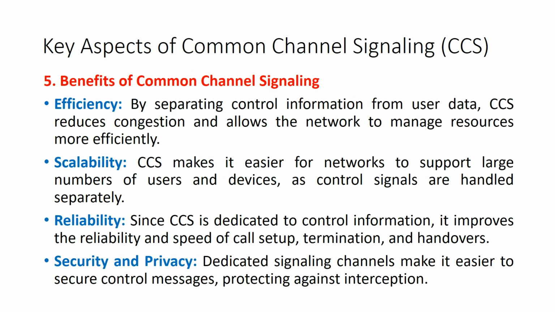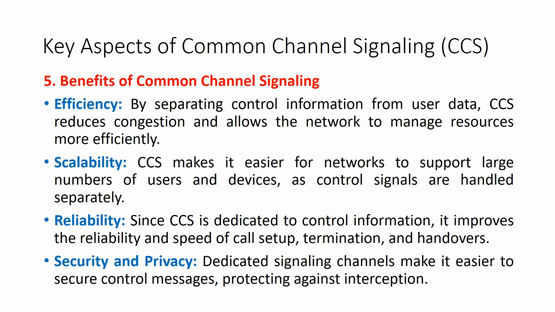The key benefits of common channel signaling are, first, it increases the efficiency. As I mentioned, a separate channel is used for control signals, and dedicated channels are used for the data communications. So the control signal transmission will not affect the data communications, hence efficiency will be improved.